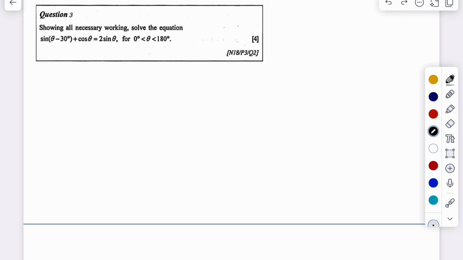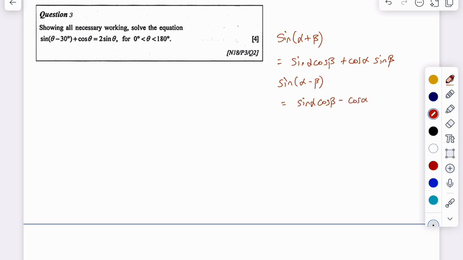The way you do that is we know that sine(alpha plus beta) is equal to sine alpha cos beta plus cos alpha sine beta, and we know that sine(alpha minus beta) is equal to sine alpha cos beta minus cos alpha sine beta.